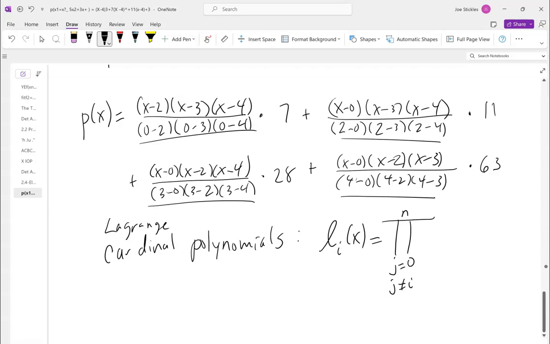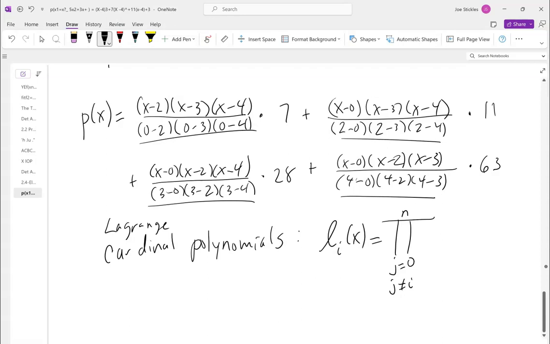So that's the notation we'll use. Notice that we're trying to get this degree 3 polynomial. We have 4 terms that we're creating, but each time we're doing a product of 3 things, right? Notice that we never take x naught minus itself or x1 minus itself, right? So that's why this is the j not equal to i piece here.